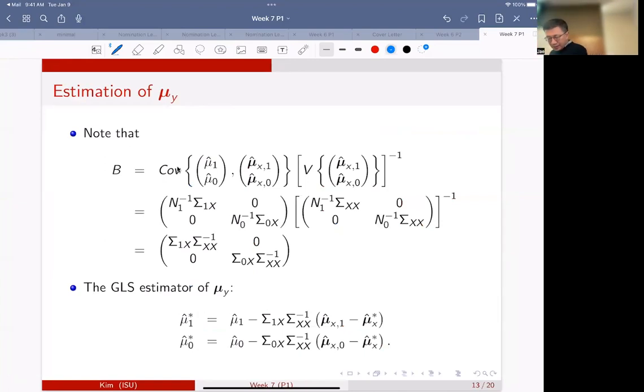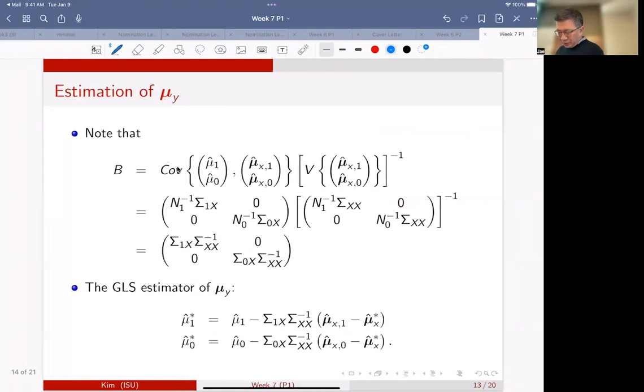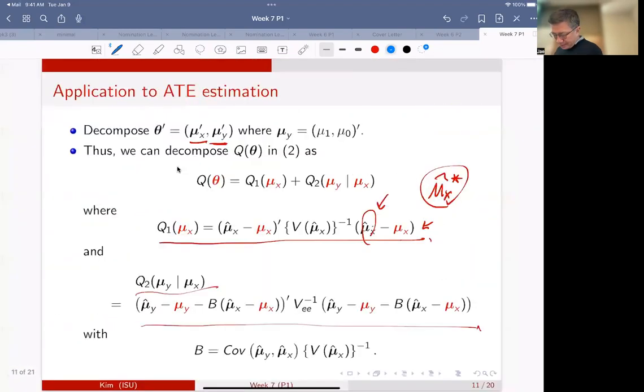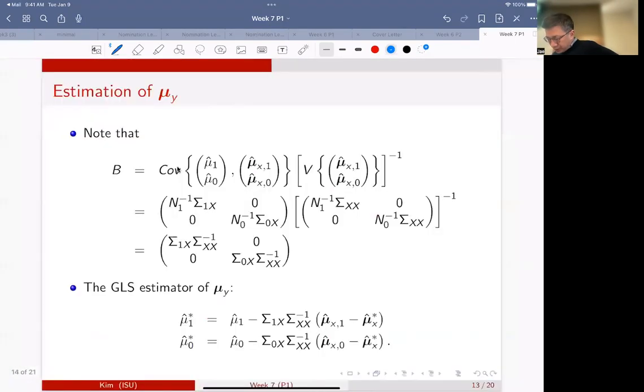Mean of y. So we want to compute this one. This one involves some matrix. So this is what you want to compute. And then the same way, you can obtain something like this.